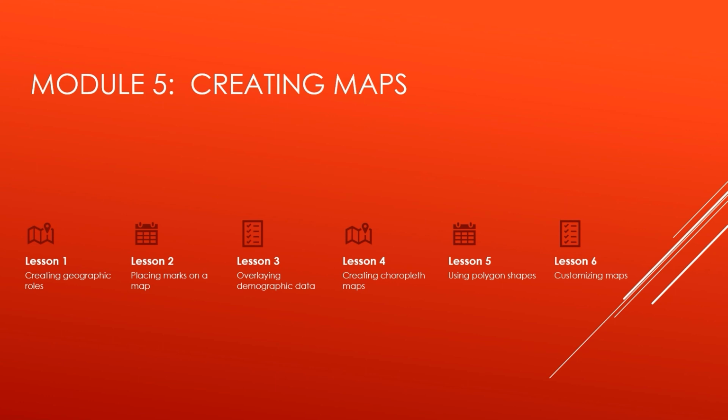We started Module 5 by reviewing the geographic roles from the metadata grid in Data Source View. And we didn't have to change or create any, but you know where to go if it's necessary for you to do so. And then we started placing marks on a map by using Show Me to create our first map, a symbol map.